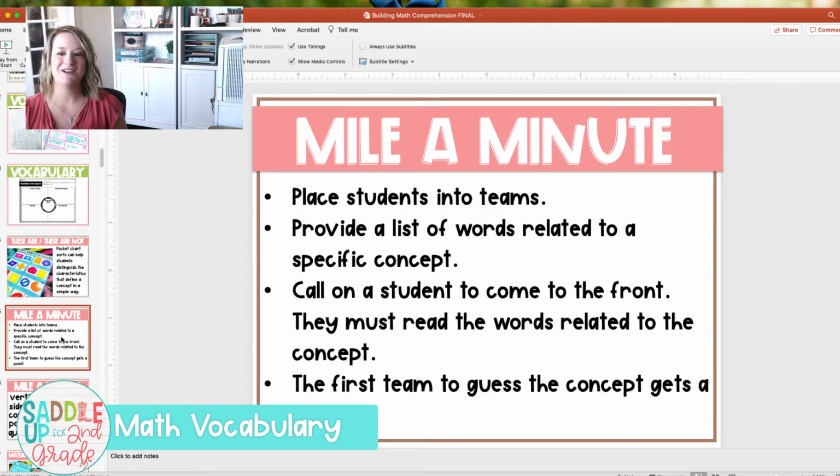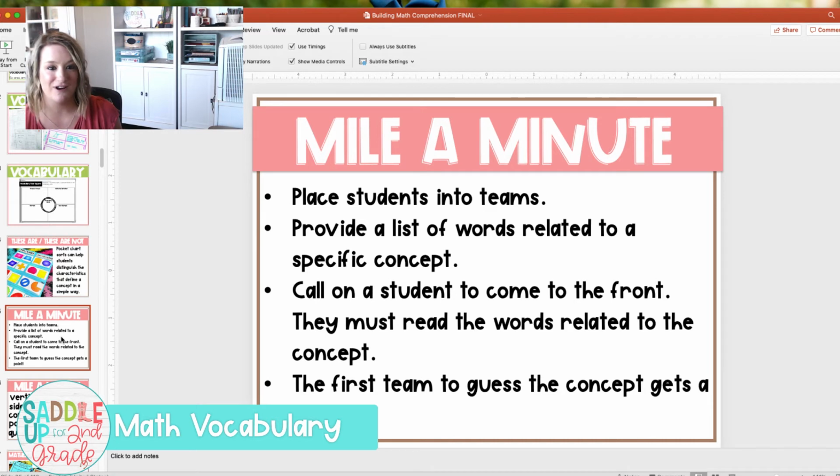All right, this next one is actually one of my favorite games to play with students, and it is called Mile a Minute. What you do is put your kids into teams, and then up on the board or on a piece of paper or somewhere your kids can see, you provide a list of words related to that concept.